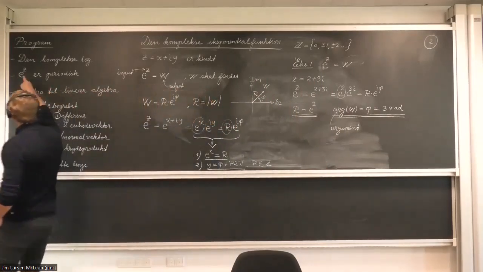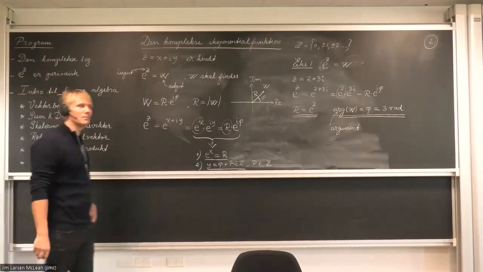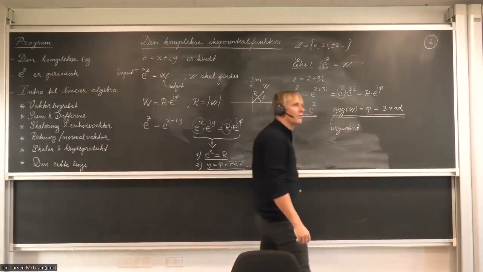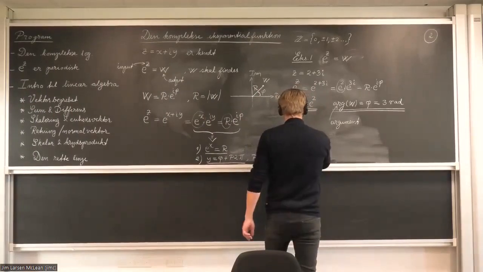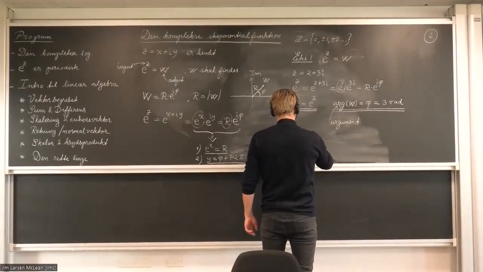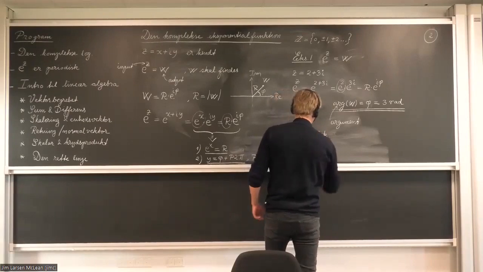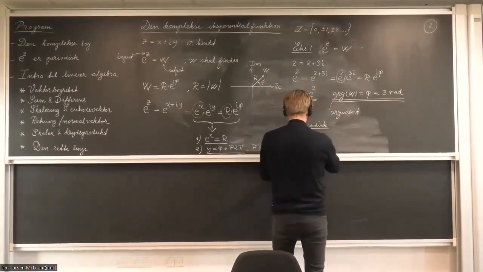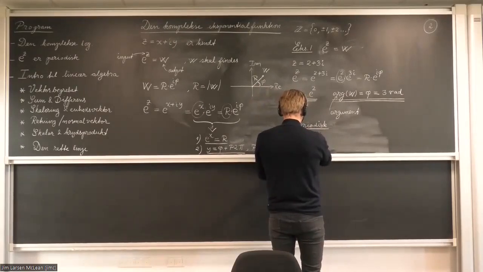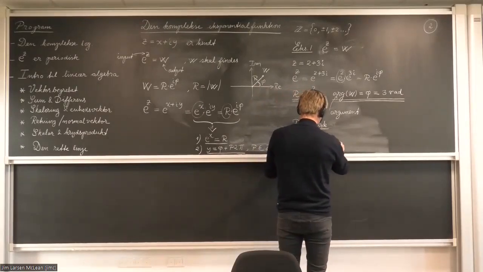So what did I write down? The exponential function is periodic. That's what I needed to share. This was just a review. And what does it mean for something to be periodic? Well, it means the following. If you have something that's periodic and you graph it, the graph repeats itself after a certain period.